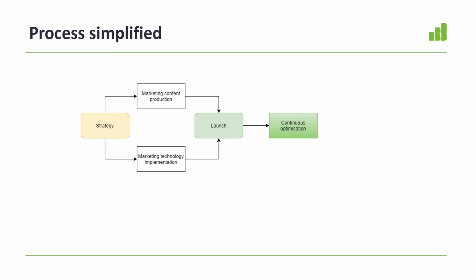Don't make the mistake of assuming that once you launch you can just sit back, relax, and watch your scorecard going up. This happens as well, but only if you invest in analytics, in continuous optimization, continuous improvement, and so on. So you get your results not by getting to launch, but with what you do after the launch.